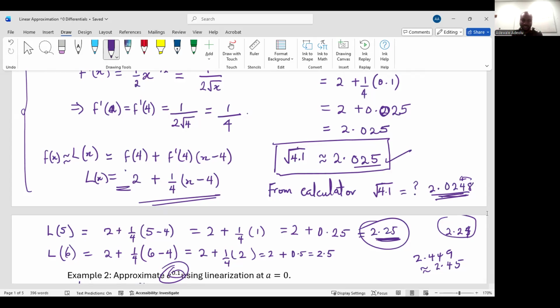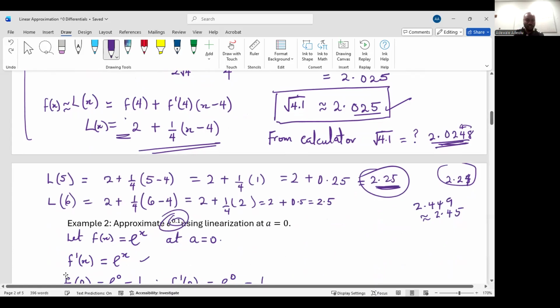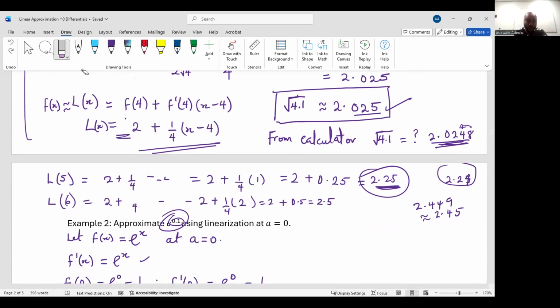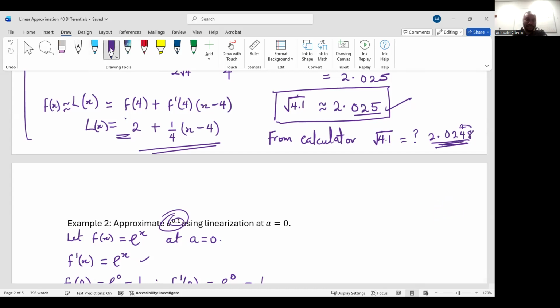Our error is increasing. Now you can see what happens if we use it to find the square root of 10. That is our linear approximation of root of x. If we use it to find the square root of 10, what do we have?